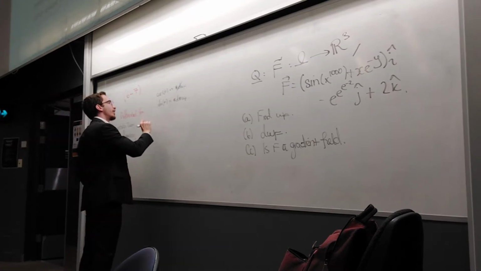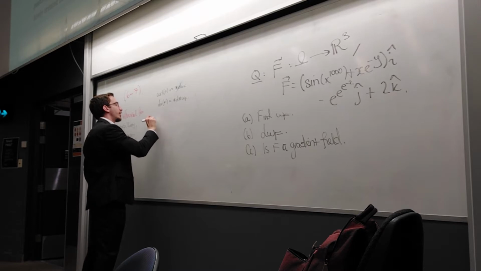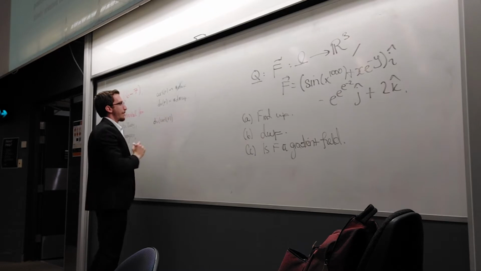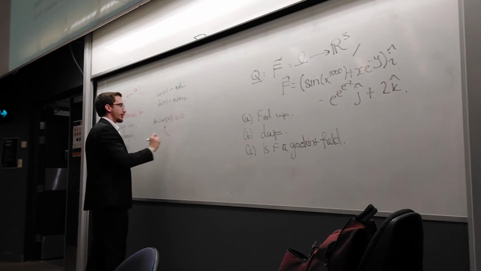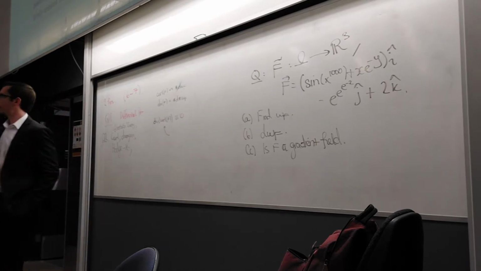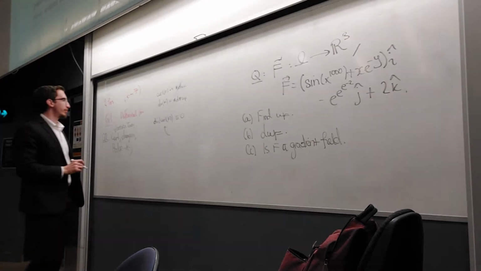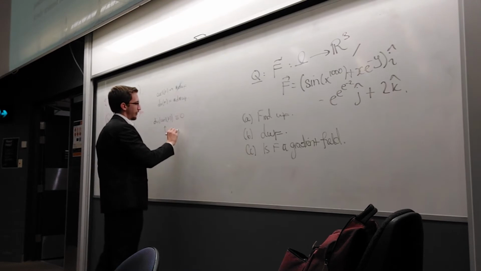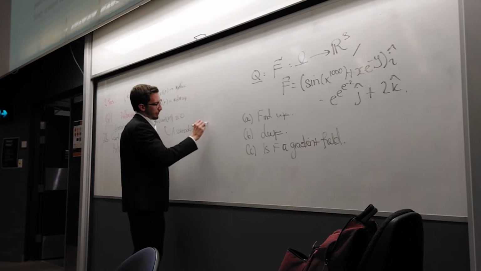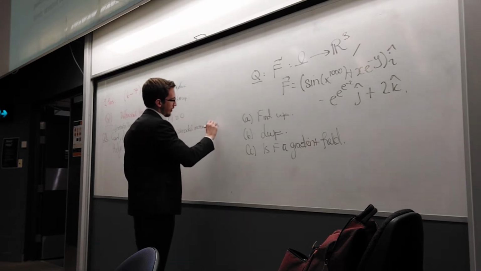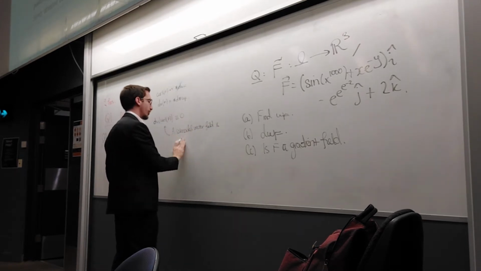Does it make sense to say the following? If I look at the divergence of the curl, yes, but it's always zero. How do I say this in words? A solenoidal vector field is incompressible. I'm not going to tell you what the words mean.